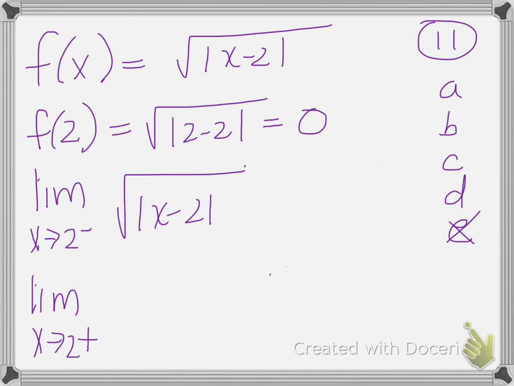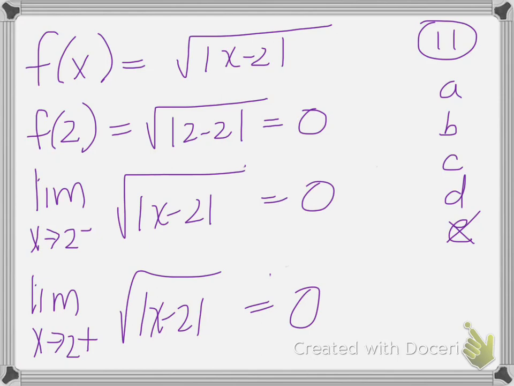And can I substitute 2 into there? Yes, I can. And 2 minus 2 is 0, and I'm just going to get 0. The absolute value of 0 is 0. That's the same thing from the left or the right side. We always try substitution first, and we'll get 0.